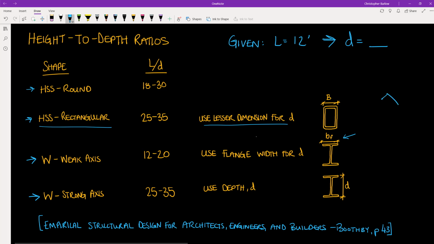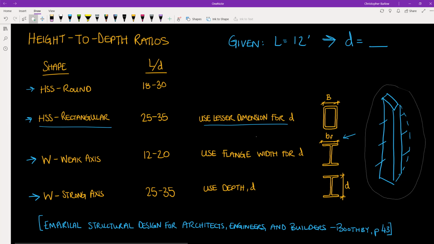So if a column that looks like this, with one axis clearly being the strong axis and the other being the weak axis, if this column were braced at several locations in the weak axis, it may actually be the strong axis buckling that controls.